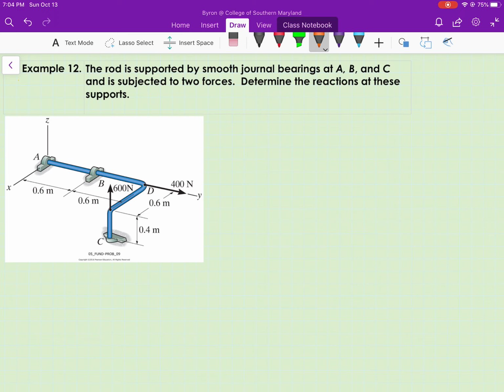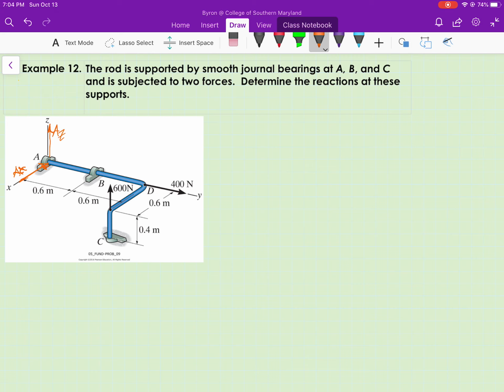So at A, I'm going to show on my free body diagram a reaction in the x direction and call that A sub x, and a reaction in the z direction and call that A sub z.